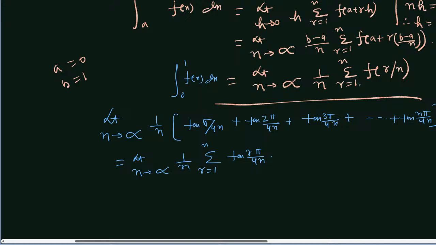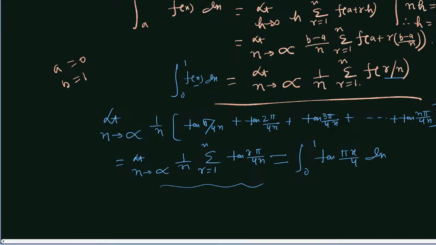It will remain 0 to 1. Only r by n will be changed to x. Remaining terms same here. So this you can write as the integral from 0 to 1 of f(x). What is f(x) here? This is tan of, replacing r by n by x, x pi by 4, and then dx.